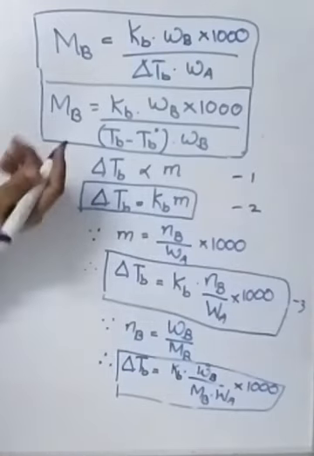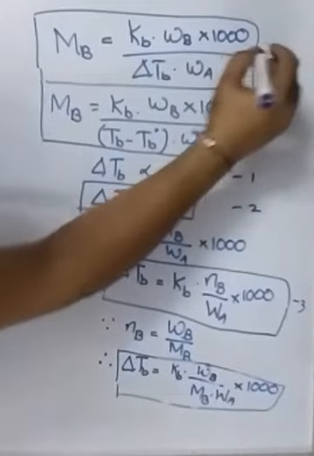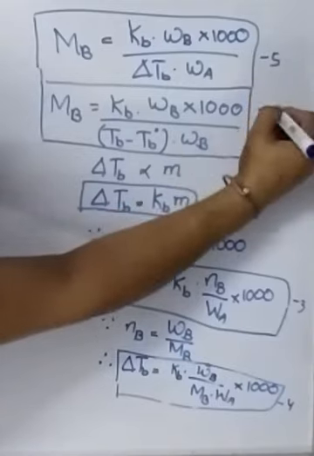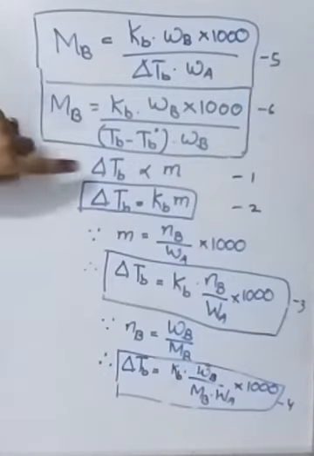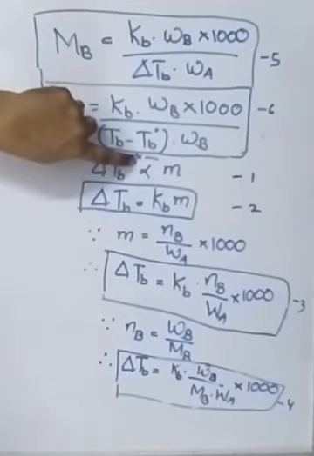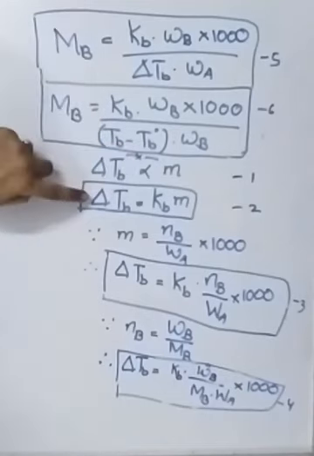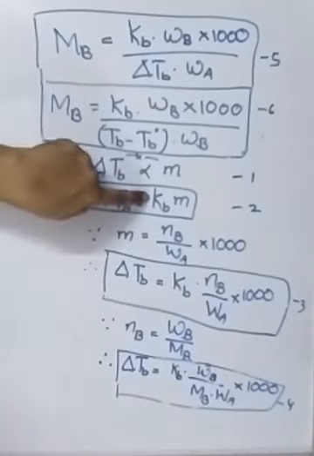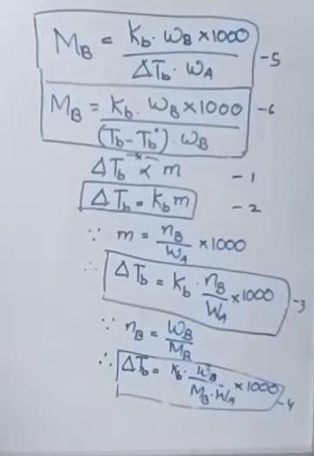Just see here, this is expression number 4, this is expression number 5, this is expression number 6. Del Tb is directly proportional to molality. If we remove the proportionality sign, the constant of proportionality is Kb, the ebullioscopic constant.